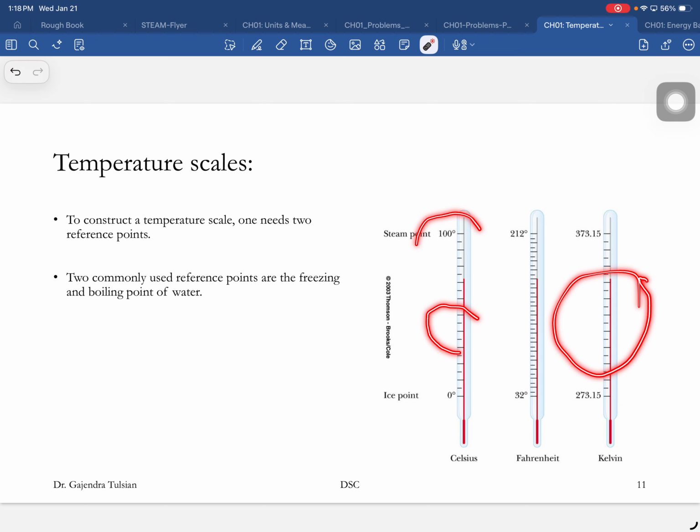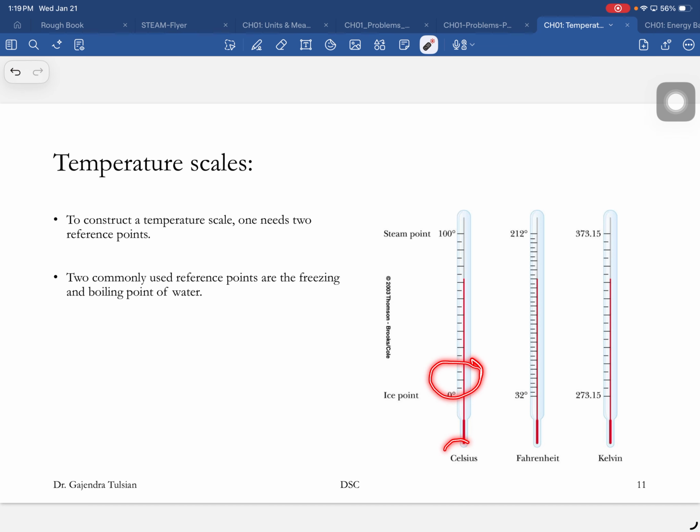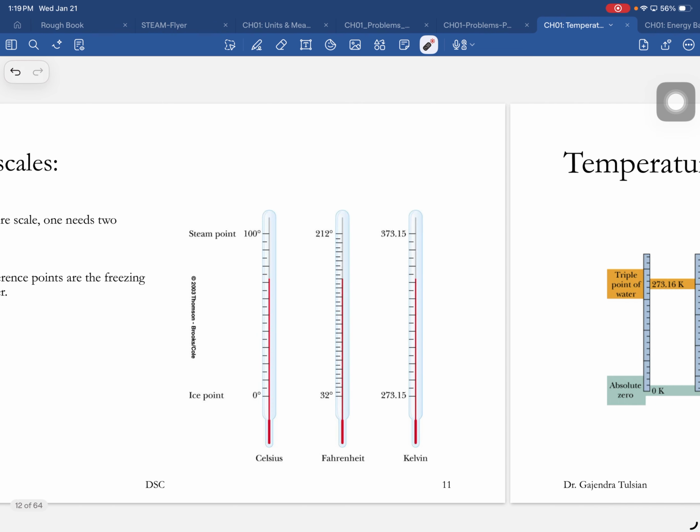Once we realized that there was a lowest temperature, where everything comes to a standstill, in this scale it's minus 273 degrees Celsius. Tell that to your little brother, right? Minus 273 degrees is the lowest temperature. So you just invent a new scale and call it 0 degrees Kelvin, that's all.